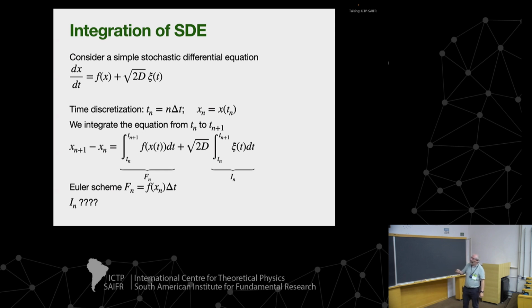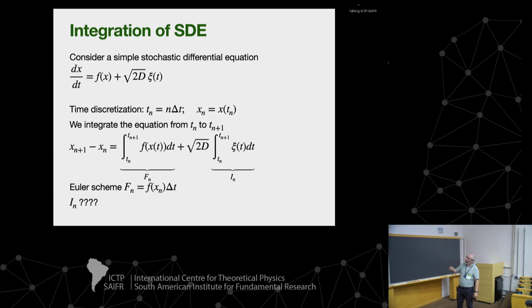So for the Euler scheme, this term, Fn, you can simply say that it is f evaluated on the first value times the interval size. That's Euler. Now, what happens with this term? This is a Gaussian stochastic variable. So what is that?